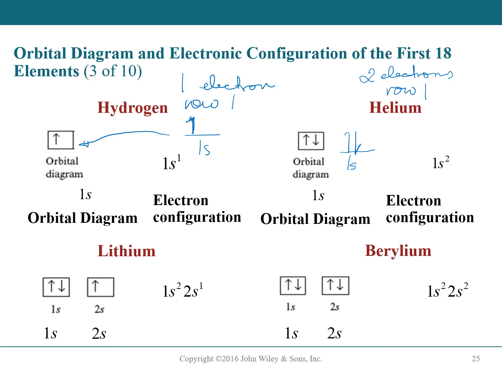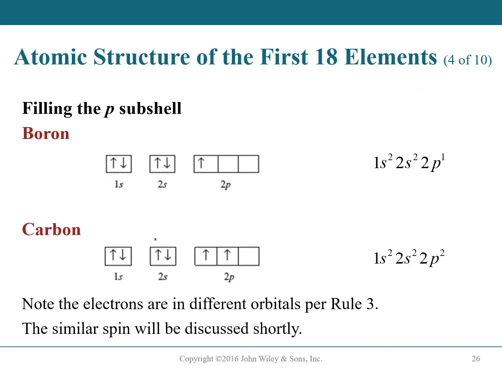So we're going to do the same thing with lithium, but lithium is in row 2, so you should do 1s, 2s, and then fill in your 3 electrons. And for beryllium, since it's in row 2, you know you have to have a 1s and a 2s. As we continue along our periodic table, boron has 5 electrons.